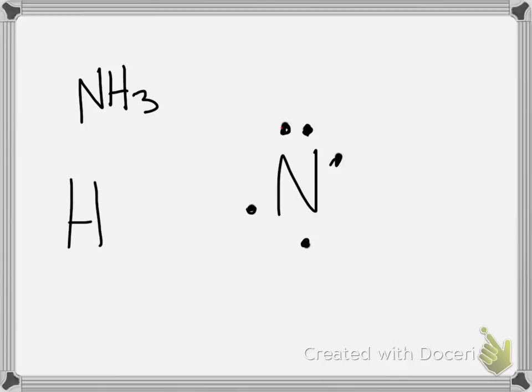How many valence electrons does hydrogen have? Just show fingers. 1. Hydrogen has 1 valence electron, and so we can show our little hydrogens here. So I've got 3 hydrogens, each with 1 valence electron. This is pretty easy because they hook up pretty easily.